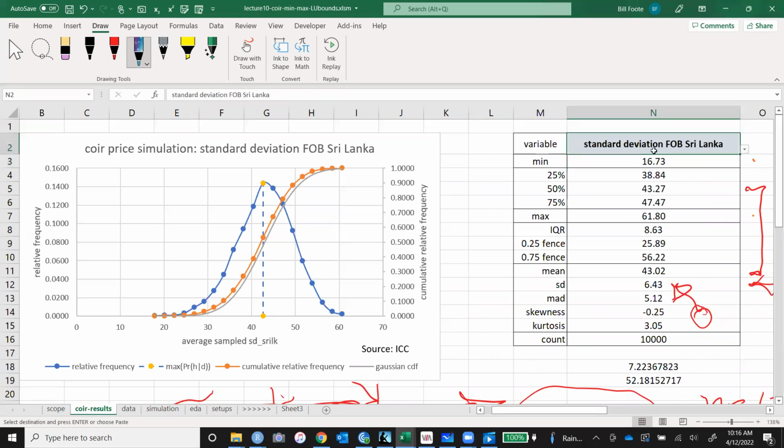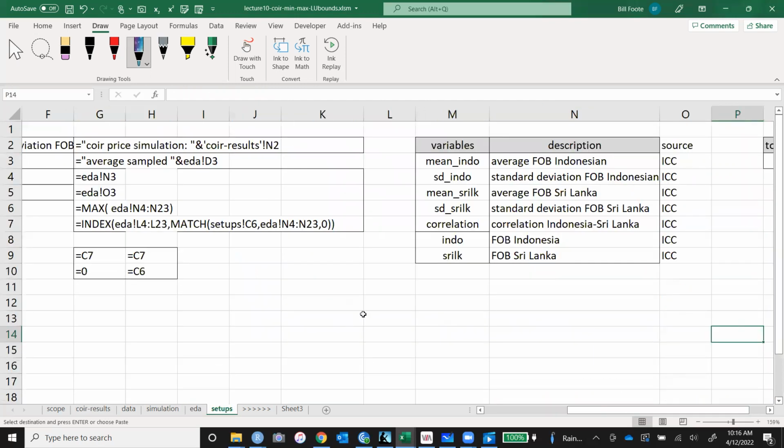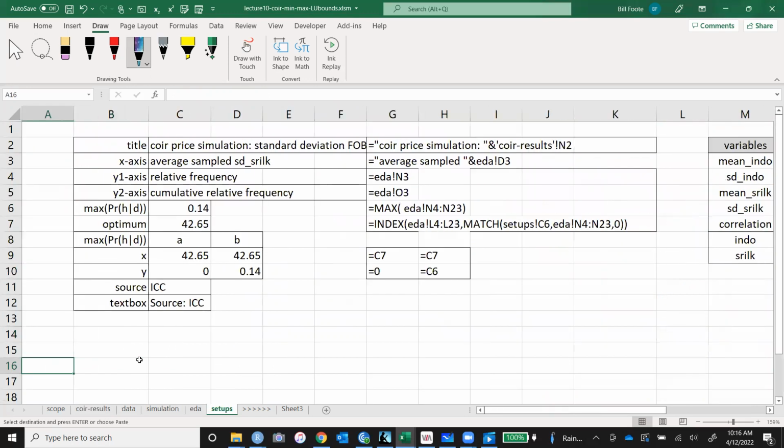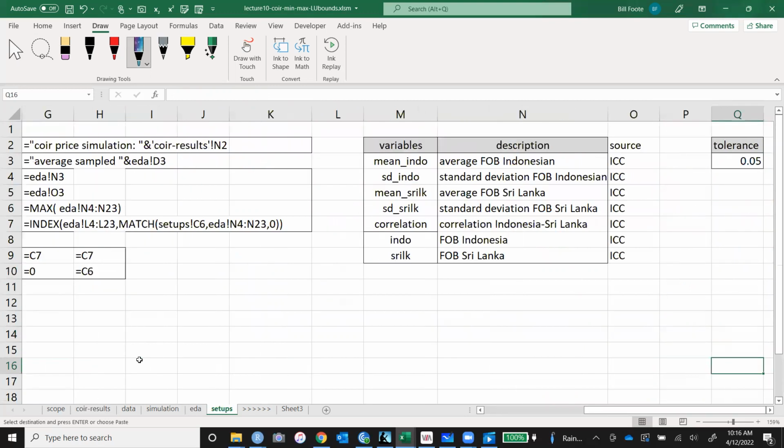Then we have this. Wow. If we look at setups, we see the setups here. You can see what's here, as well as putting in a source. That's another thing that we will also do: create a source. In fact, there were a couple of sources. Let me just pop these here right now. If it's FOB, it's the ICC survey. And how do I know that?